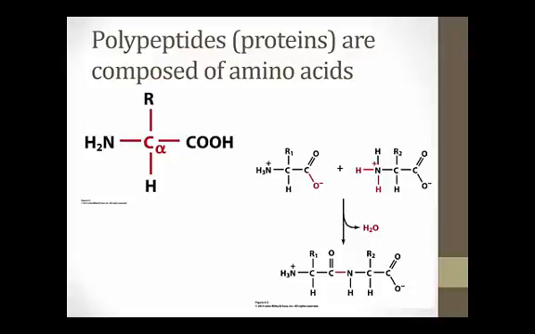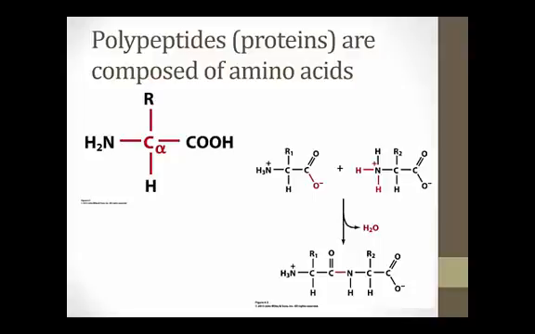Amino acids are covalently linked together through a condensation reaction, or the elimination of water, to form peptide bonds. The N-terminus of one amino acid and the C-terminus of another amino acid are what link together to form the peptide bond. Typically, a protein sequence is described starting from the N-terminus of the polymer and ending at the C-terminus.